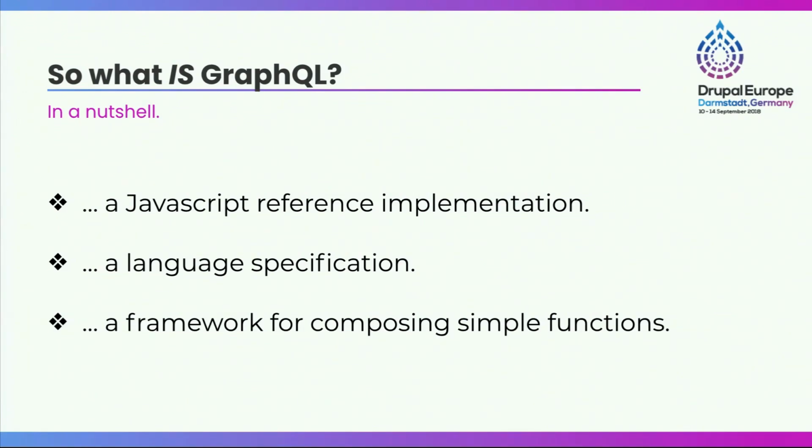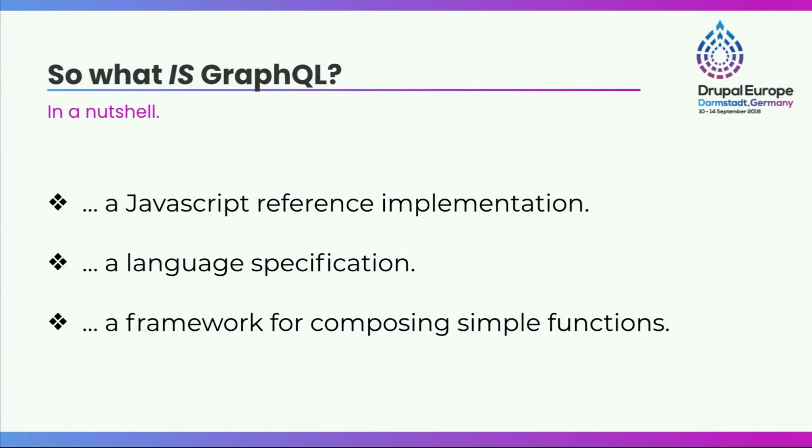Like we've seen before, we have simple functions like get me the node by ID and get me the label of one node or get me the processed body text of one node, and we can just chain and combine them to achieve a complex result.